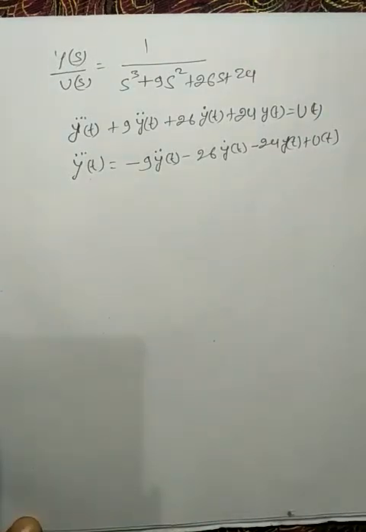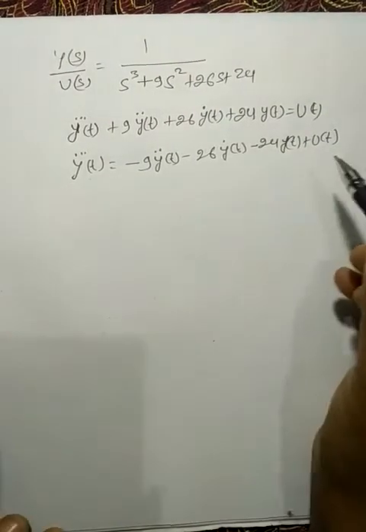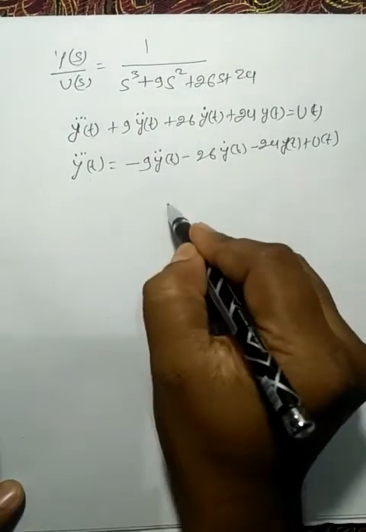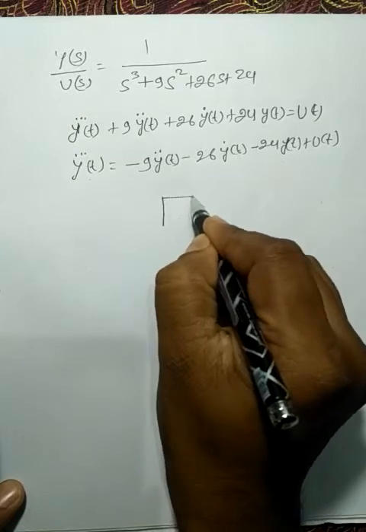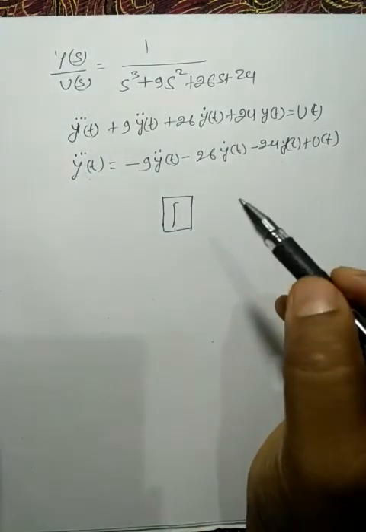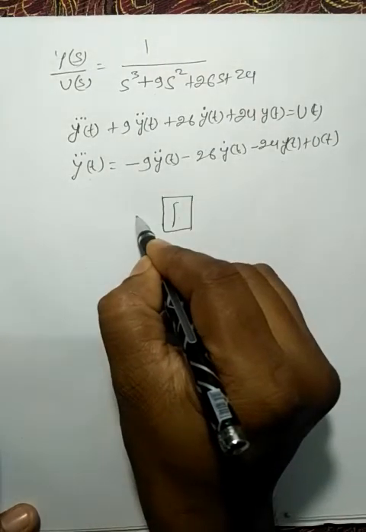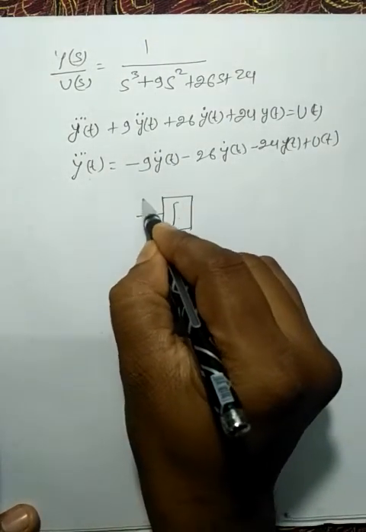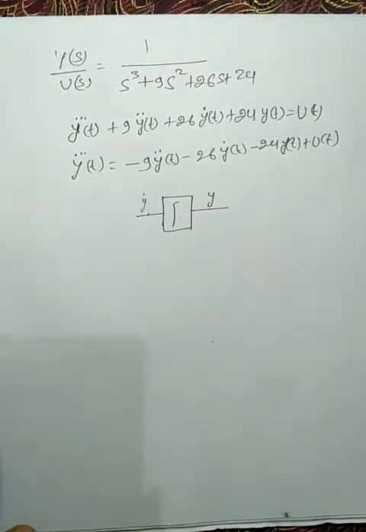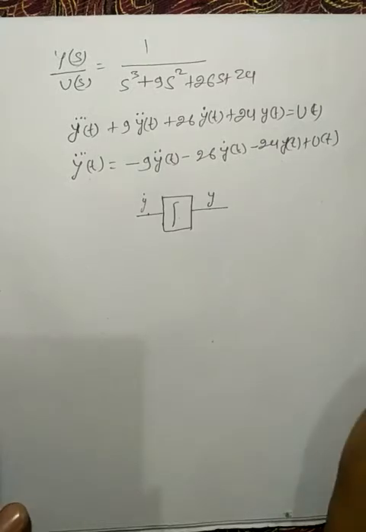Right? And now if I take an integrator like this and consider here I have y dot, then obviously here I'll have y. So considering this concept, I'll draw my block diagram from this equation.